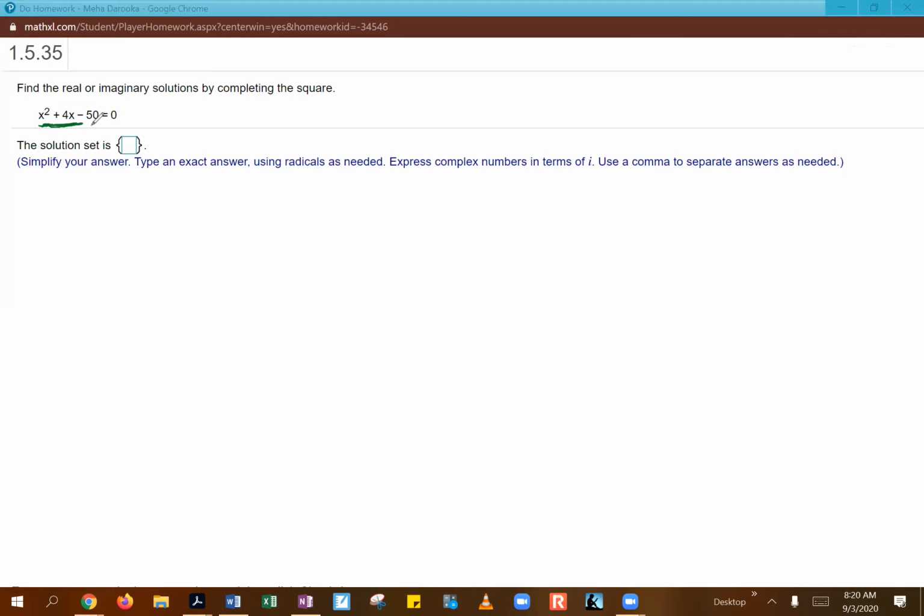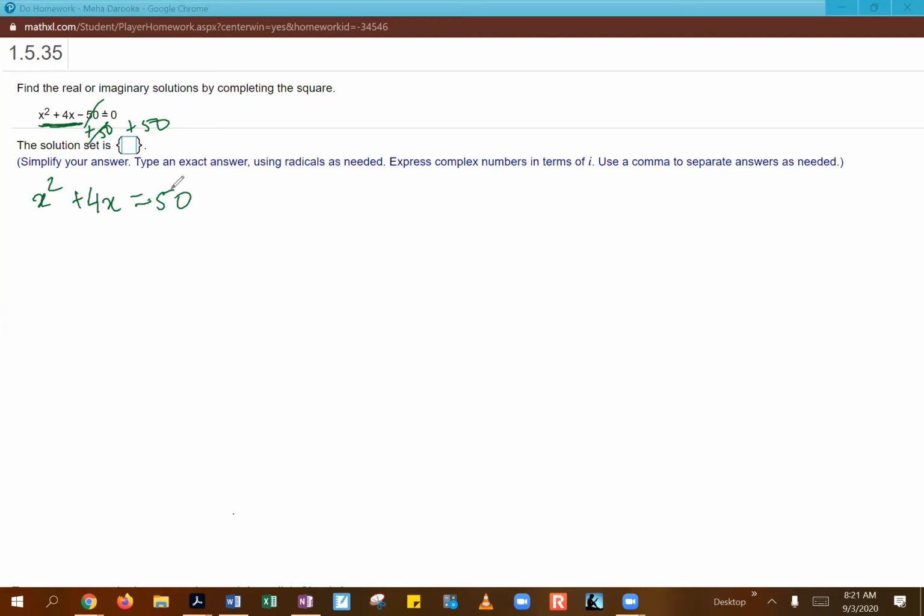So we can go ahead and move that 50 to the other side. You will end up with x squared plus 4x, and then 50 is now on the other side.